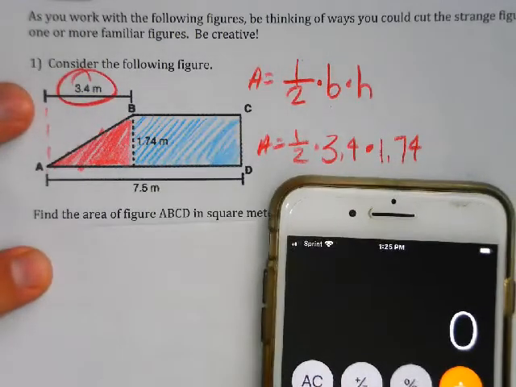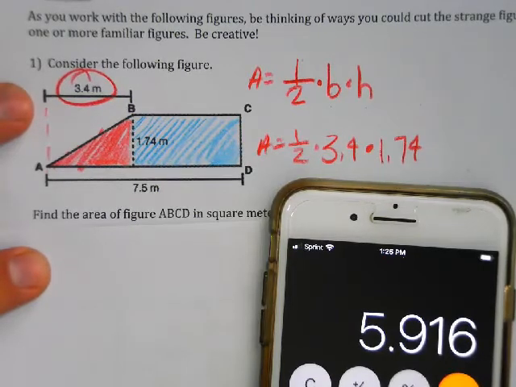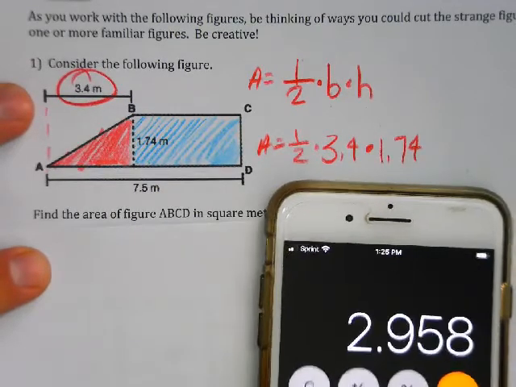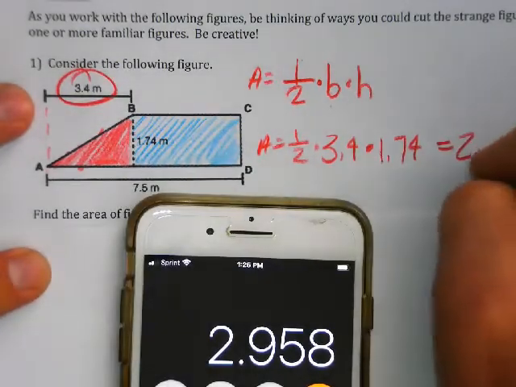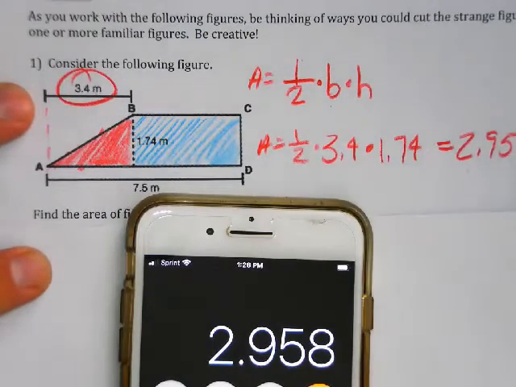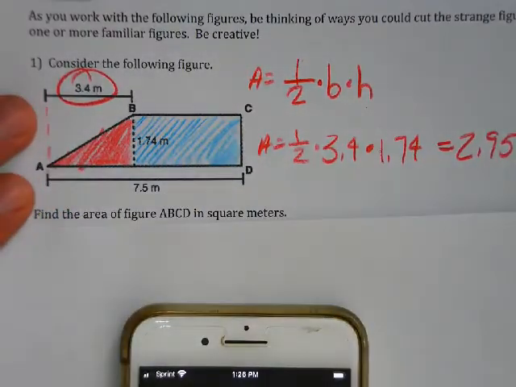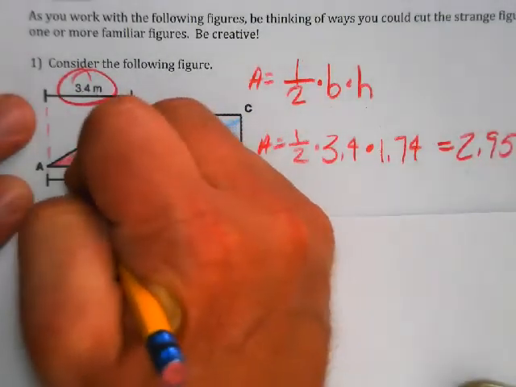So area equals this. So gee, look at this, 3.4 meters from here to here. This corresponds with this section right here. So I'm going to say that the base is 3.4, so we're going to have area equals 1/2 times 3.4, because we got that from right here. And then that's times the height, and the height is 1.74. So again, calculators are legal right now, folks, at the end of the year for 6th grade.